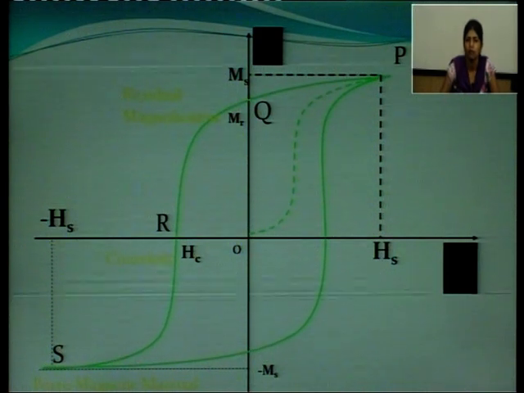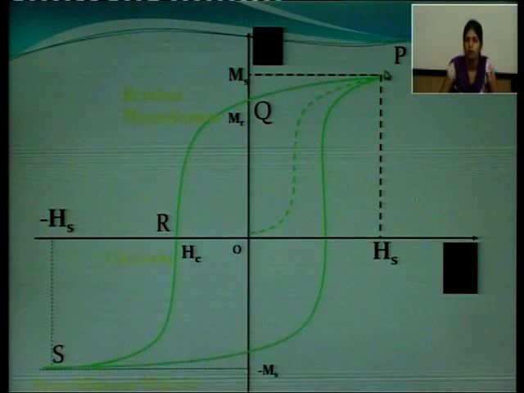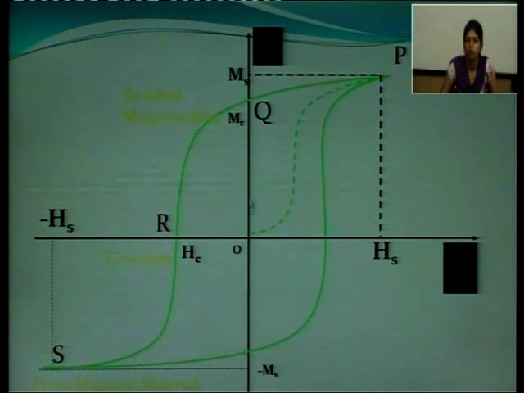This is a hysteresis loop in which we have defined the various quantities. This is the saturation point, O Mr is the retentivity, R Hc is the coercivity.